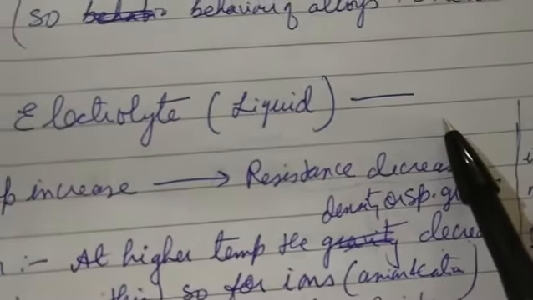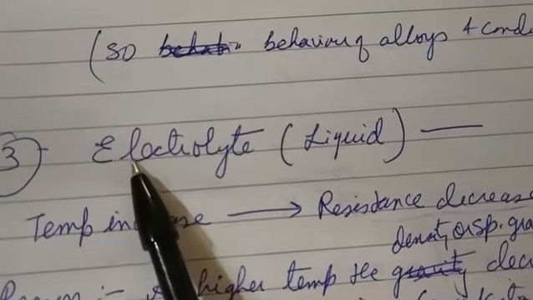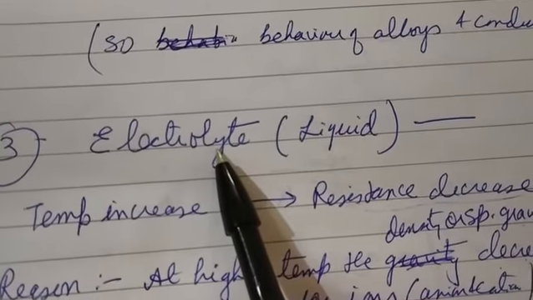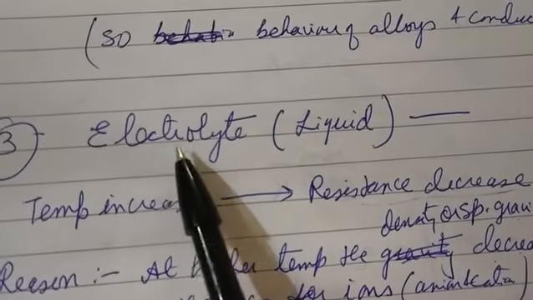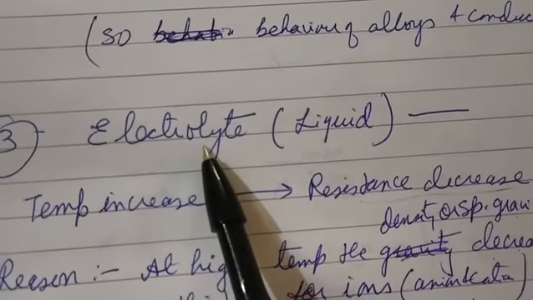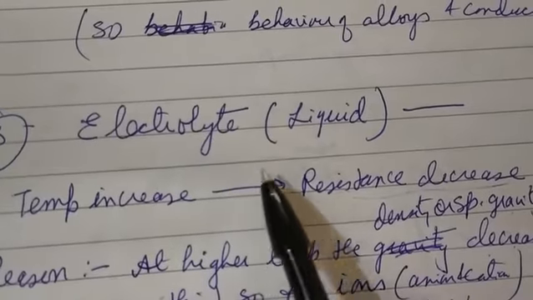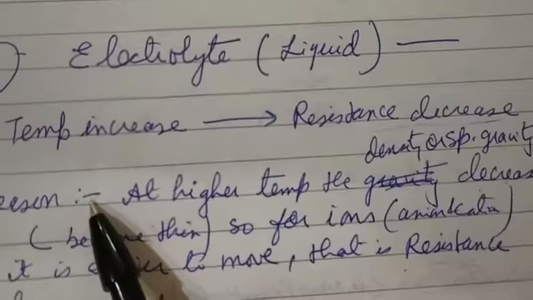So when we heat the electrolyte by increasing the temperature, many changes take place. But the prominent change is that by heating the electrolyte, it becomes thin. It becomes thin means its density or specific gravity decreases.